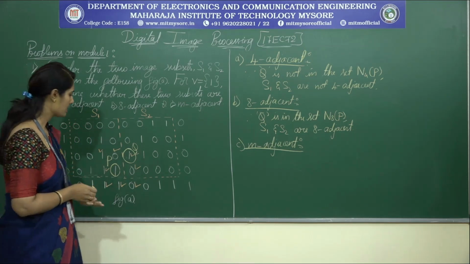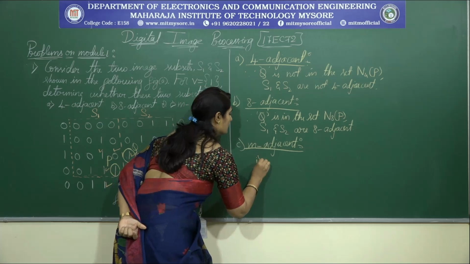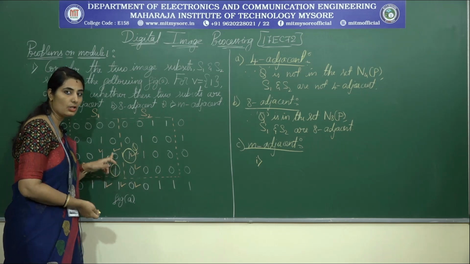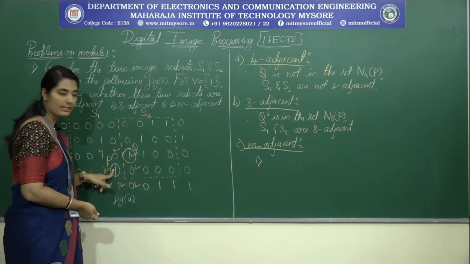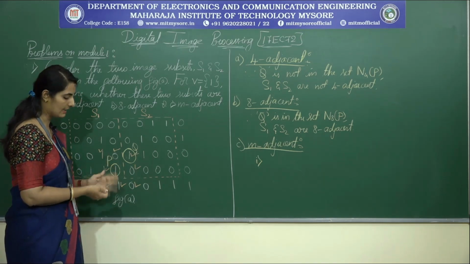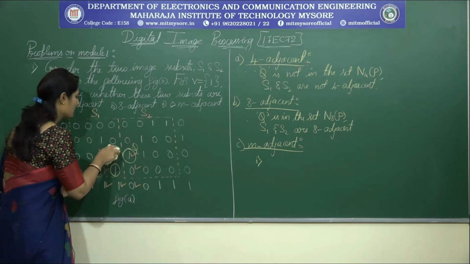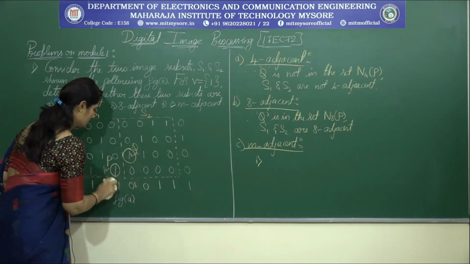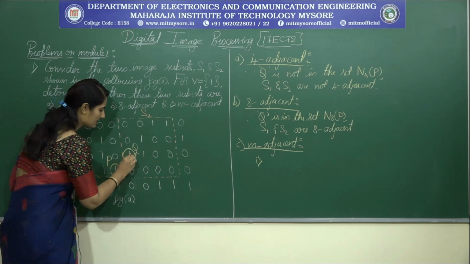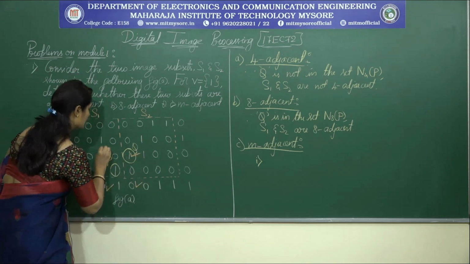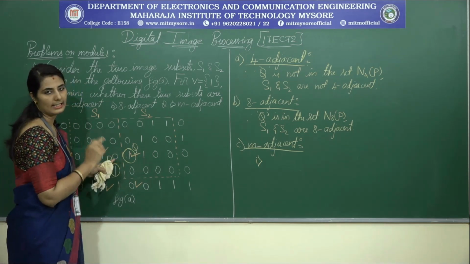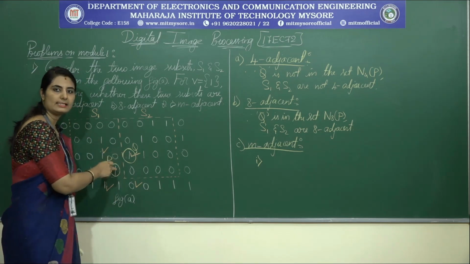The first condition is that Q should be in the set N diagonal of P. What is N diagonal of P? N diagonal of P contains the diagonal elements, that is this pixel, this pixel, this pixel, this pixel. The four diagonal neighbors of P lie in ND of P. So now Q lies in ND of P.